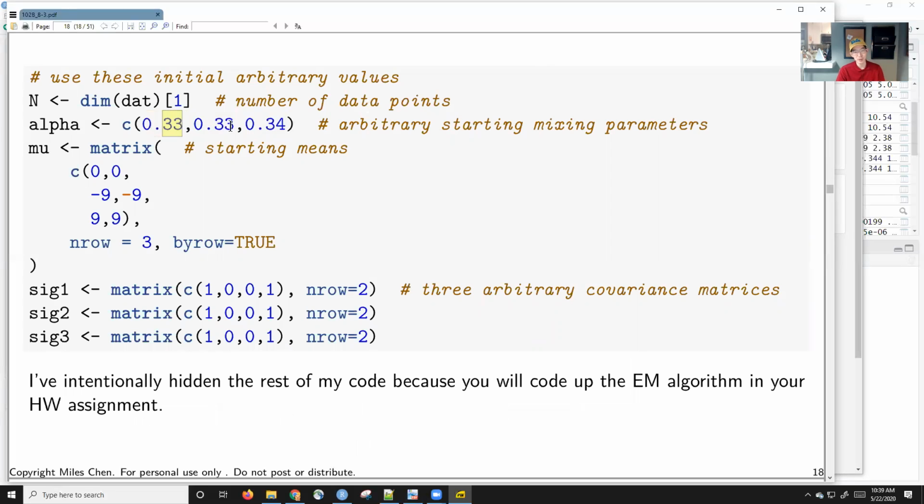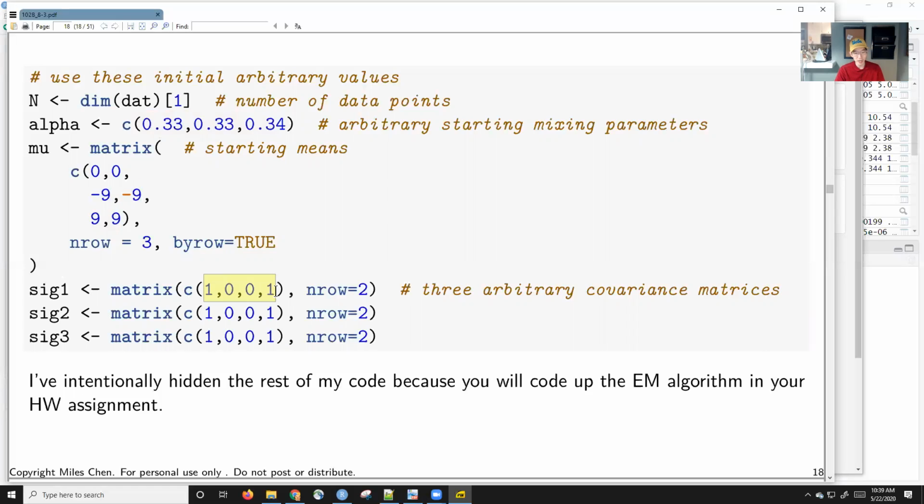So 0.33, 0.33, and 0.34, these will be our initial distribution. And here, I'm going to start off with a mean at 0, 0, a mean at -9, -9, and a mean at 9, 9.